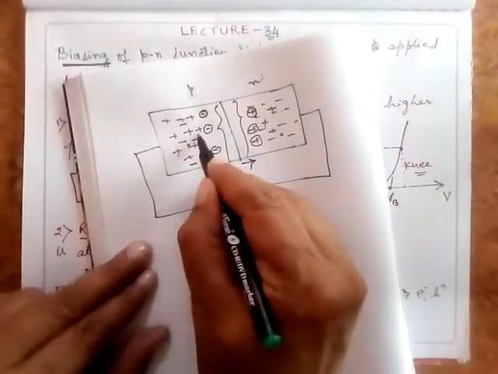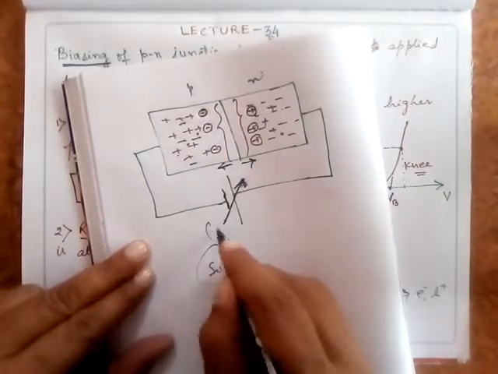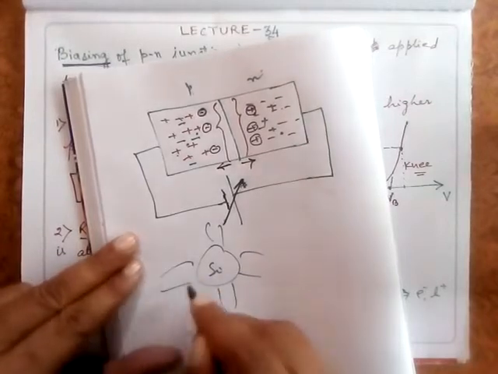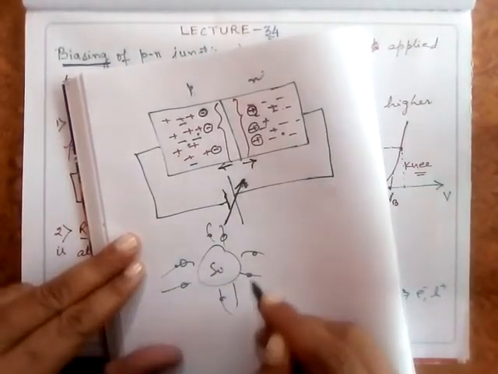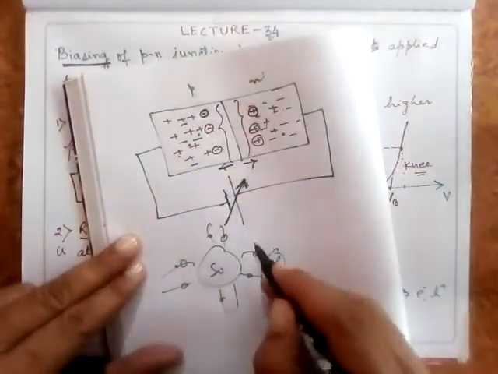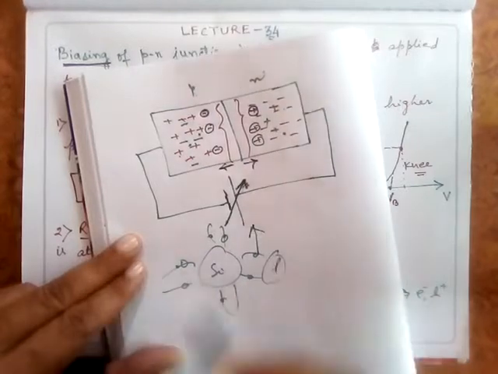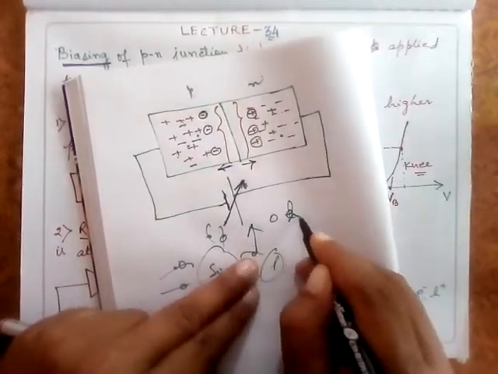Here, these are covalent bonds. I told you that you have various covalent bonds here, silicon in this way, along with, say, phosphorus here and indium here. So these covalent bonds will break. If a covalent bond breaks, an electron and hole will be generated.